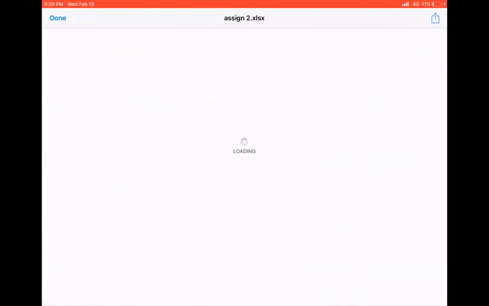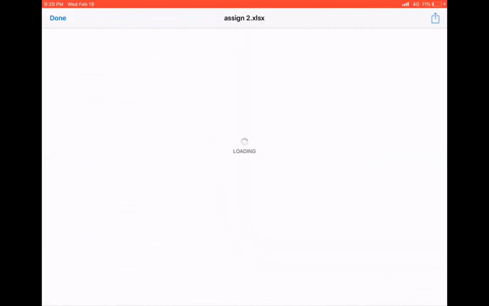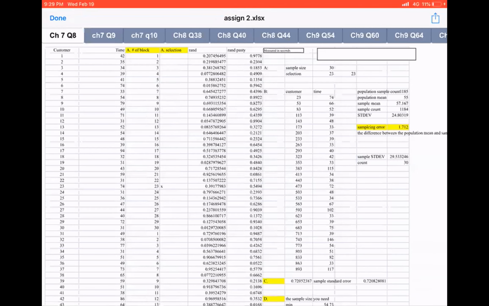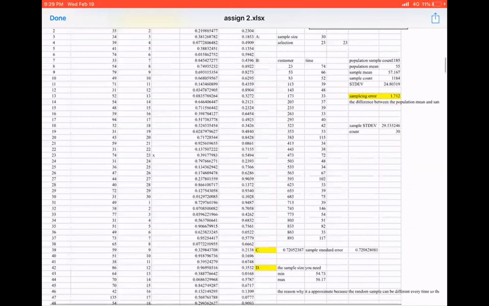However, what I can tell you is this: if you look at the video of the sample Excel on YouTube for the sample size, I run through this exact example with slightly different numbers. All you're doing is, if you understand the formula for the overall sampling error, it equals a certain amount, and you do a little bit of algebra to solve for n, which is the number of observations.